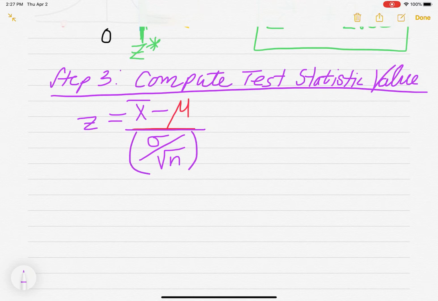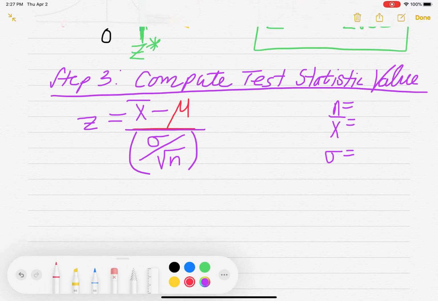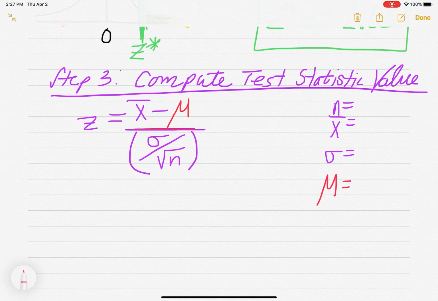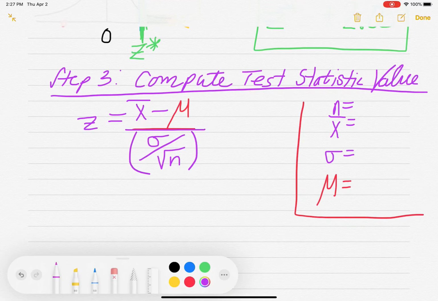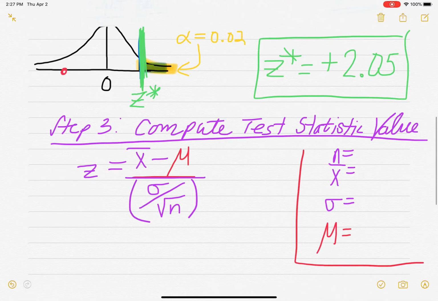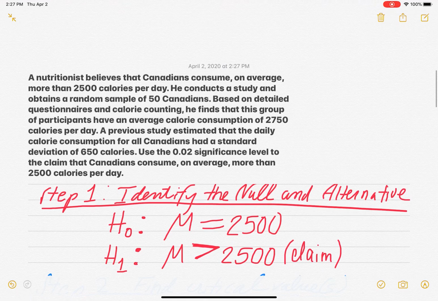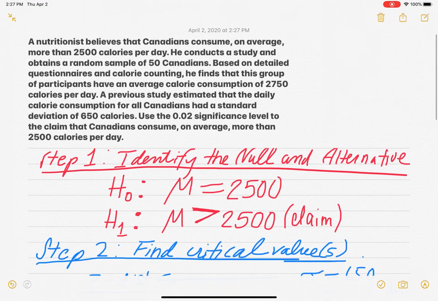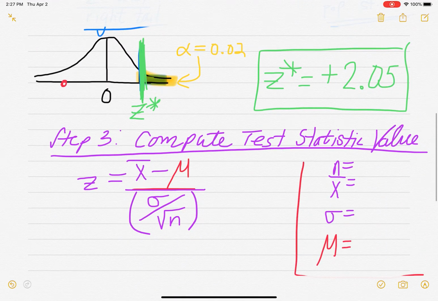So we need to know what n is, what X bar is, what sigma is, and what mu is assumed to be here, for the sake of argument. Well, n is the sample size. If you go back and read the problem carefully, we took a sample of 50 Canadians. So n is 50.